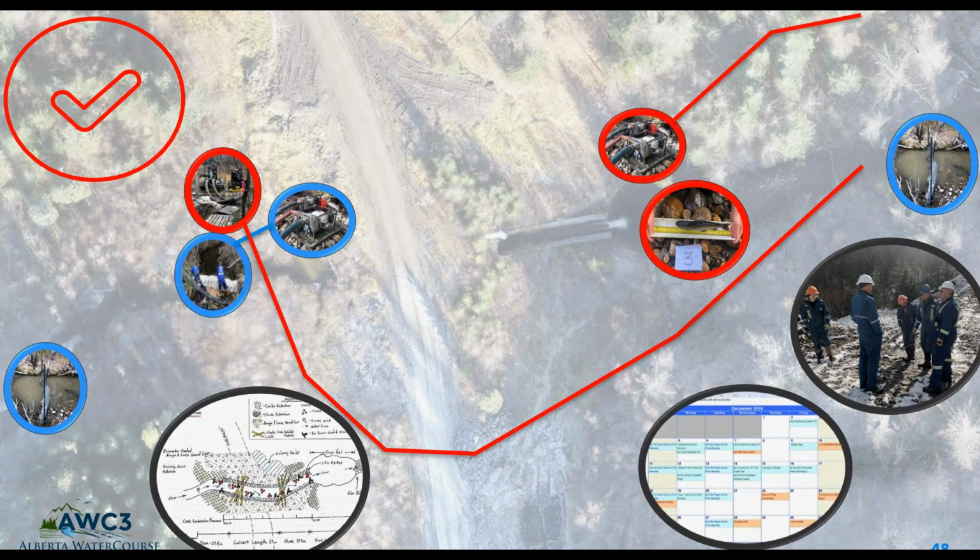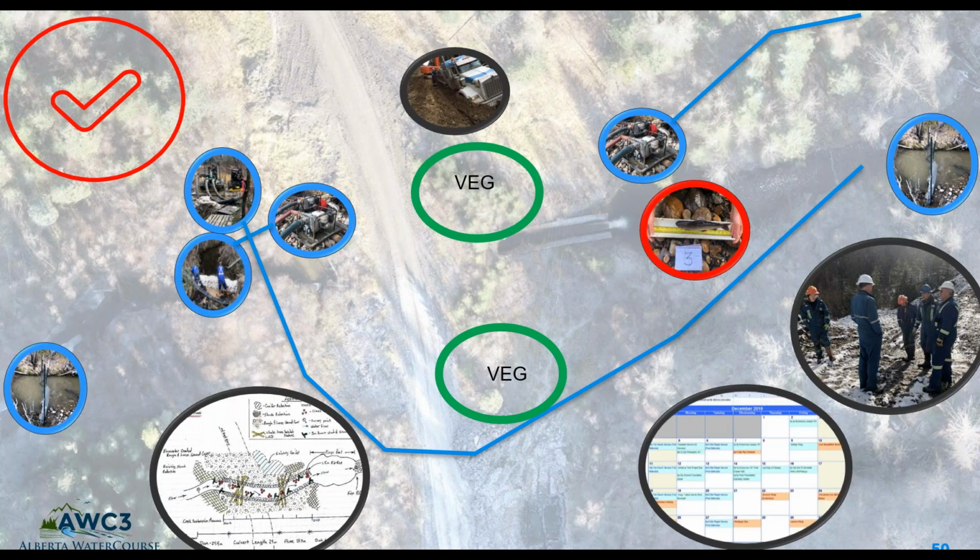We have our equipment and materials organized. We have discussed which vegetation we are going to maintain. The vegetation here, perhaps we salvage. We have our equipment arriving on site. We are now completing our excavation.